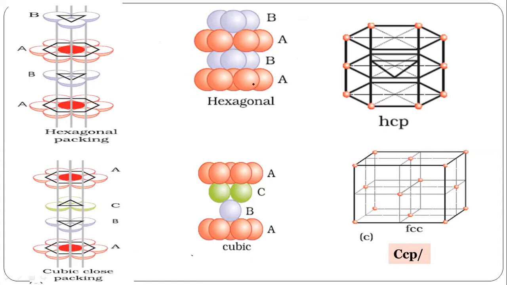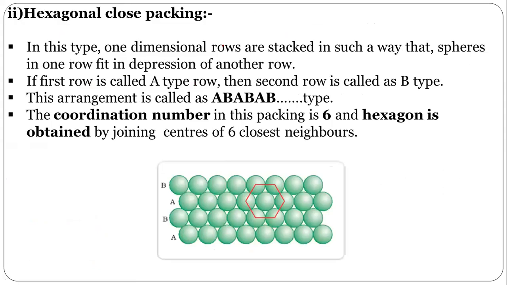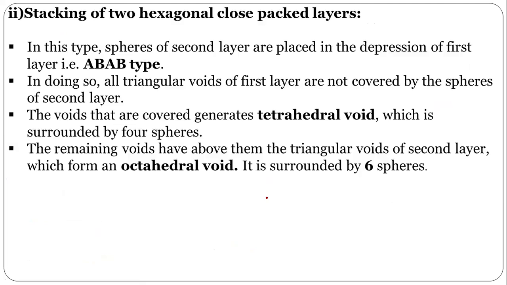The coordination number will be 6 plus 3 plus 3. The coordination number will be 12, because if you look at this hexagonal close packed structure, in the first layer the coordination number is 6. Then in the second layer, three spheres will touch.